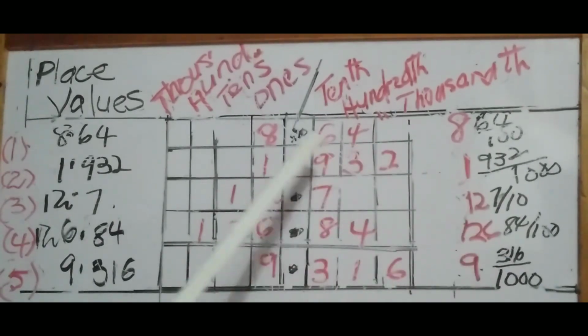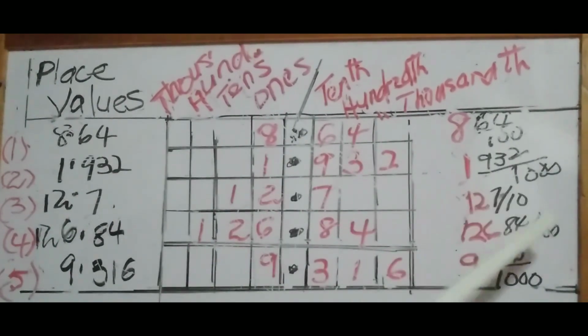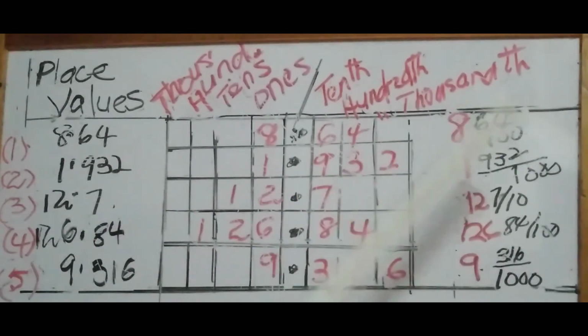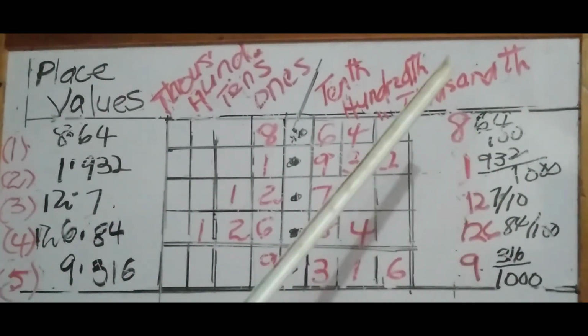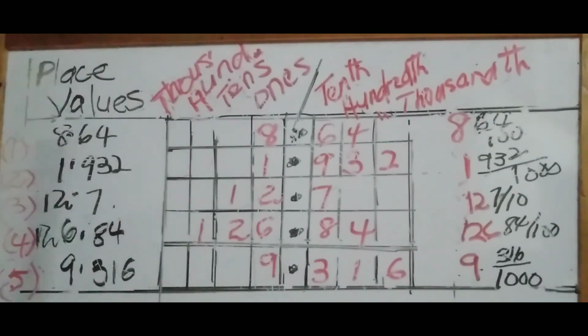So if we express it as a fraction, it would be 12 and 7 tenths, because we have one place of decimal, so our denominator is 10. Easy way to remember it: whenever we have one place of decimal, we use 10 because 10 has 1 zero. If it's two places of decimal, we use 100. 100 has 2 zeros, and so forth.